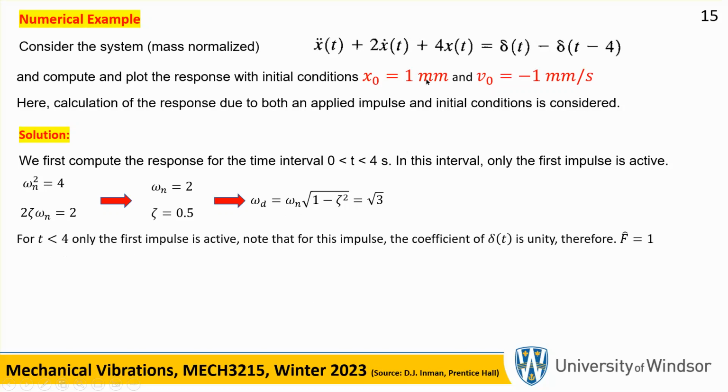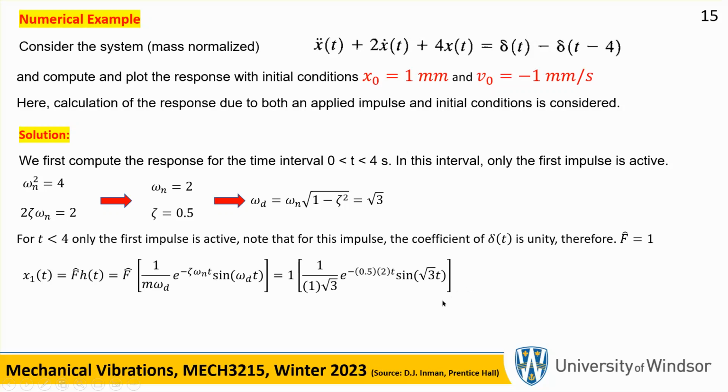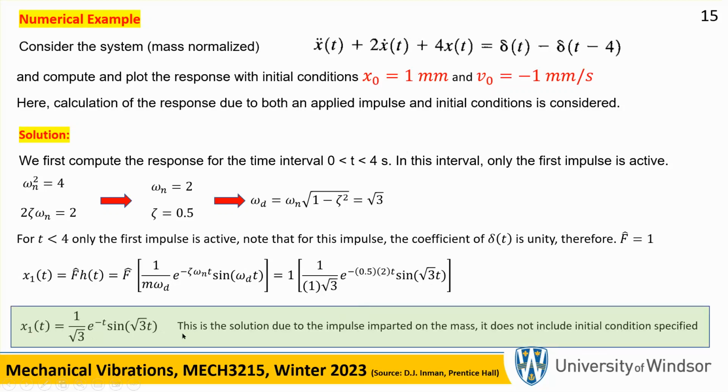Now, for t less than 4, only the first impulse is active. We hit it once. The coefficient in front of this delta function is your f hat, which is +1. So we just plug our numbers into this equation, and this is what we're going to get. This is the solution due to the impulse imparted on the mass.